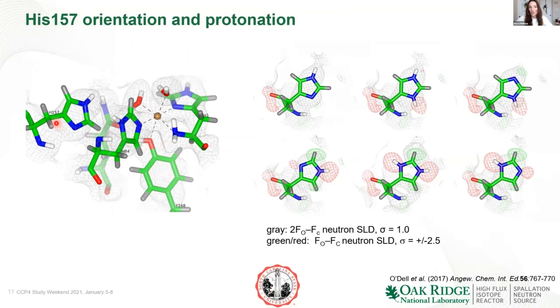But what was interesting in that structure was to be able to both orient and determine the protonation state of this second shell histidine 157 here, which is a conserved histidine in this class of LPMO enzyme. And as I mentioned earlier, with X-ray data alone, it can be difficult to orient a histidine because carbon and nitrogen scatter in the same way, and you have no hydrogen to help you differentiate between this conformation and the flip conformation.